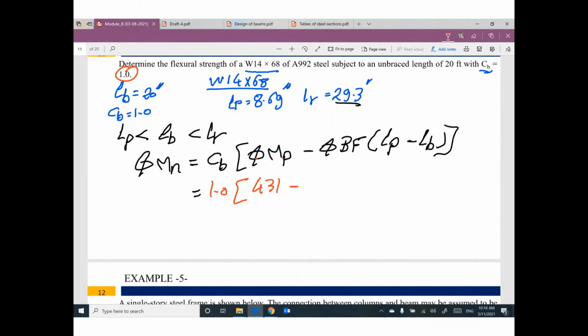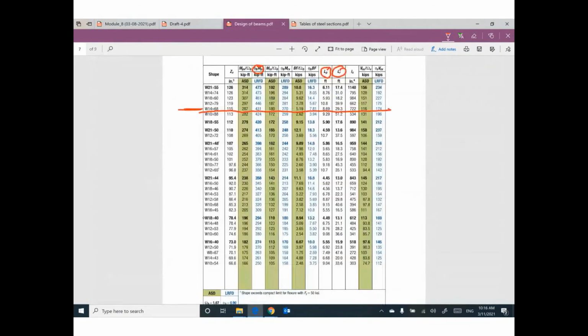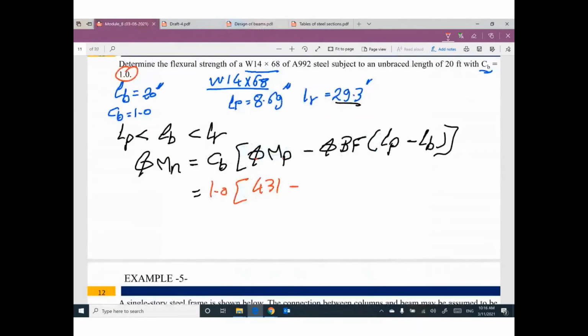Minus phi BF. Here you go. Here is phi BF. How much? 7.81. LP 8. I think I switched them.